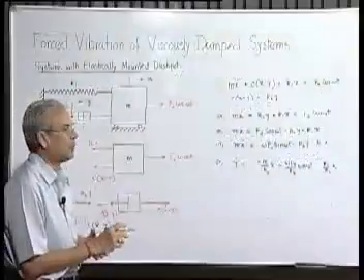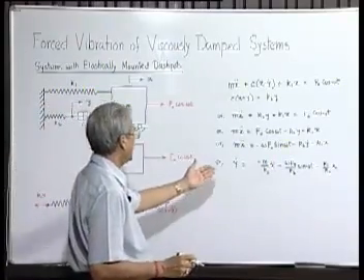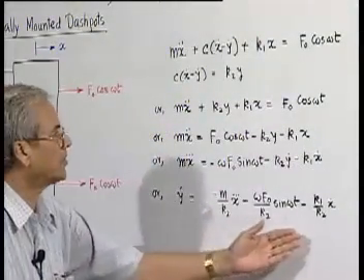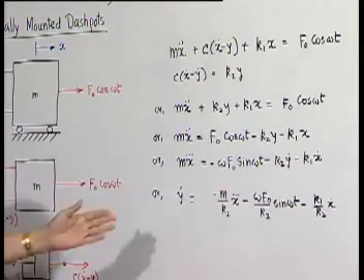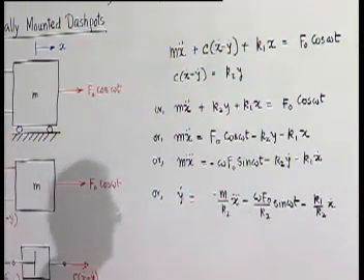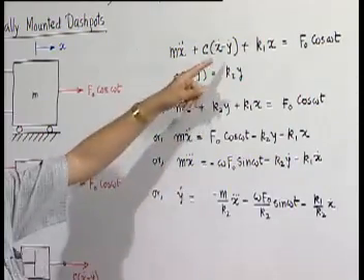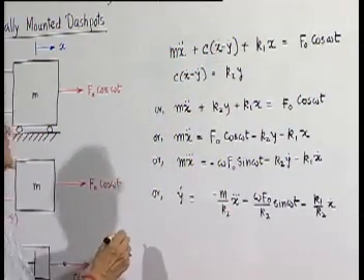So, you see now what happens, we can express y dot as a function of x and its derivative. So, if we now substitute this here, we will get this.